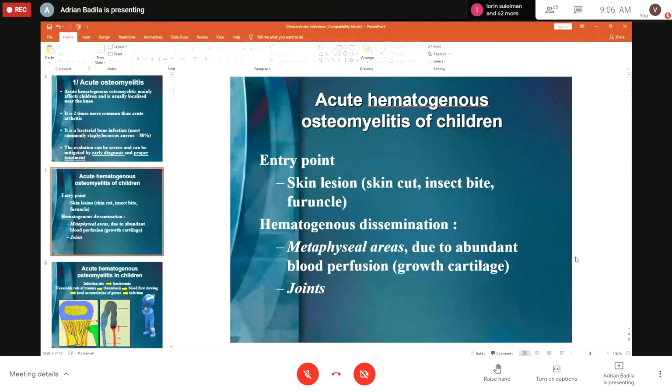And the second step is the hematogenous dissemination. The bacteria will go through the blood, and it will locate at the level of the bone. Usually, the metaphyseal areas are affected due to their abundant blood perfusion at the level of the growth cartilage, and another site of dissemination are the joints.